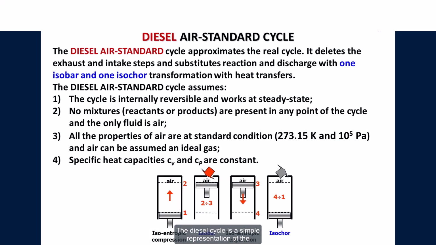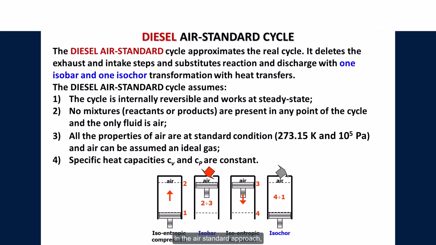The diesel cycle is a simple representation of the indicated cycle performed in a compression ignition engine. The approximation is simple but descriptive enough of the reality. We apply also in this case the Air-Standard approach under the same assumptions already discussed for the Otto cycle.